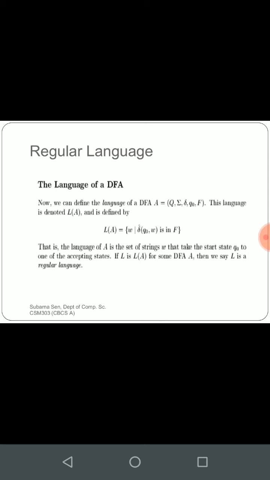If we can start from the initial state and bring the string to one of the final states, then our job is done, and the string is accepted by the finite machine. So if L is L of A for some DFA A, then we say L is a regular language. If every string that this language can generate is accepted by the DFA, then that language falls under regular language.